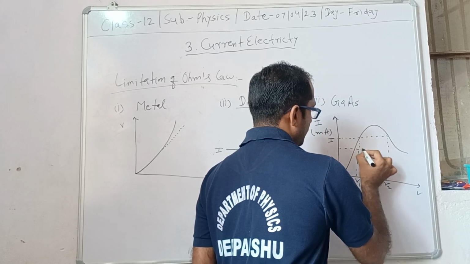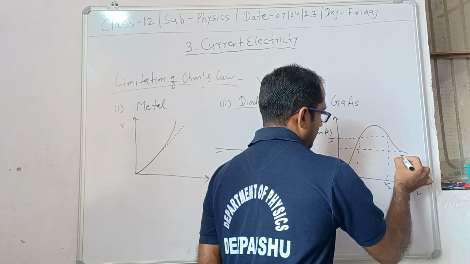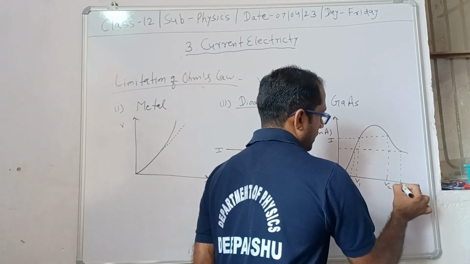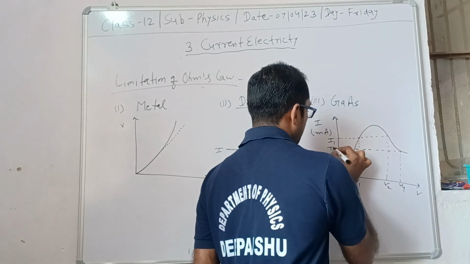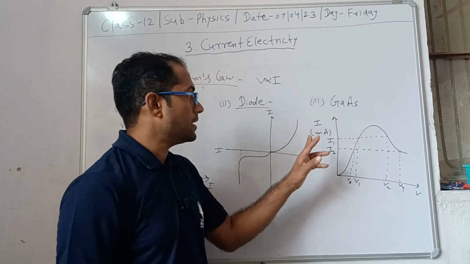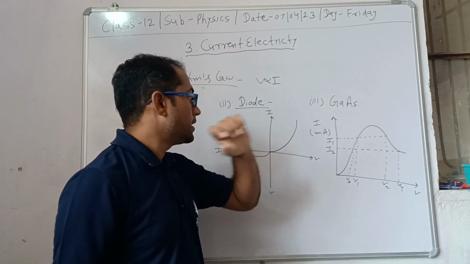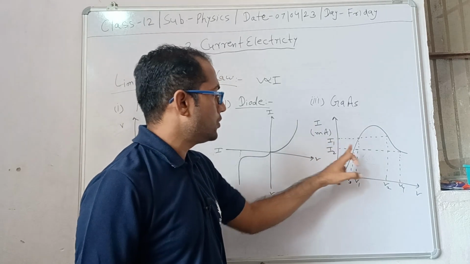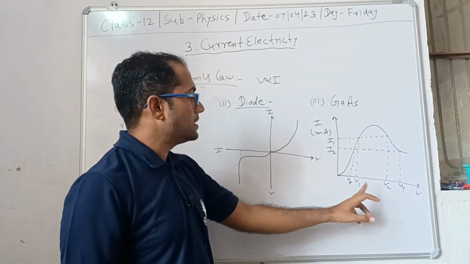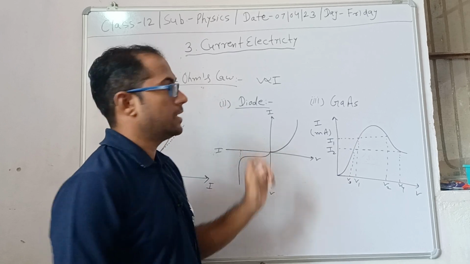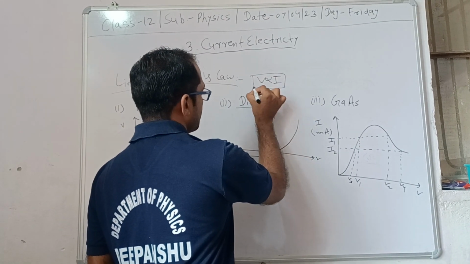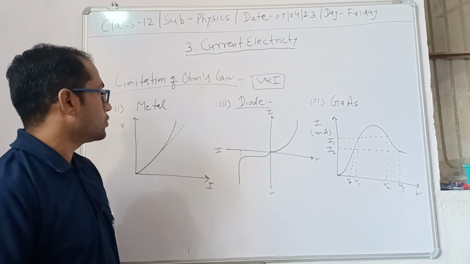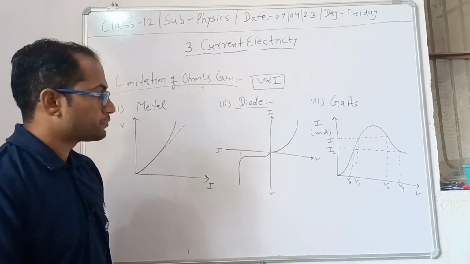Similarly, for another value of current we also get two values of voltage, V3 and V4. So one value of I gives two values of voltage, which means V is not exactly proportional to I. This is the third exception of Ohm's law. So these are the limitations of Ohm's law.